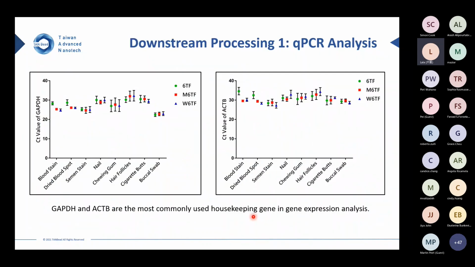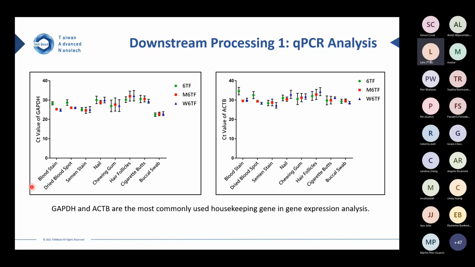The first downstream processing we'll be looking at is qPCR analysis. Now, in these two graphs, the genes that we amplified are GAPDH and actin-B because they are the housekeeping genes. So we just want to make sure that we are getting enough DNA in our elutions.